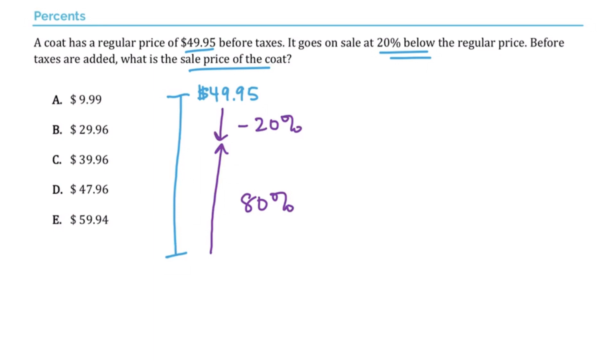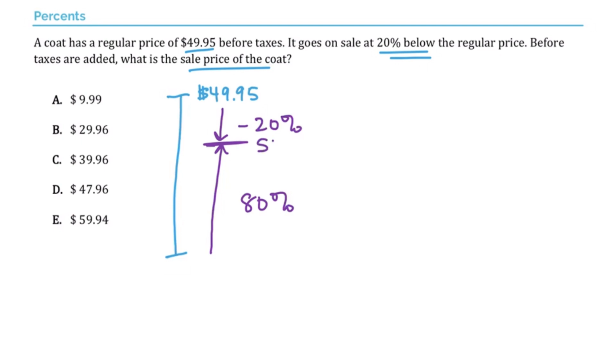So the way that some students approach this is they find 20% of $49.95, and then they take that value and subtract it from $49.95. You'll notice that takes 2 steps. What I'm showing you here is a way to solve this question with 1 step, making it a bit more efficient. Remember, taking away 20% is the same thing as keeping 80%.